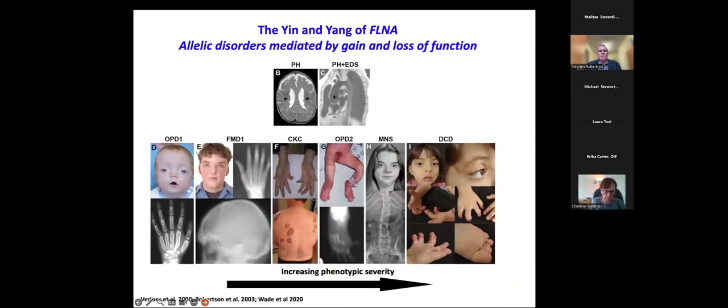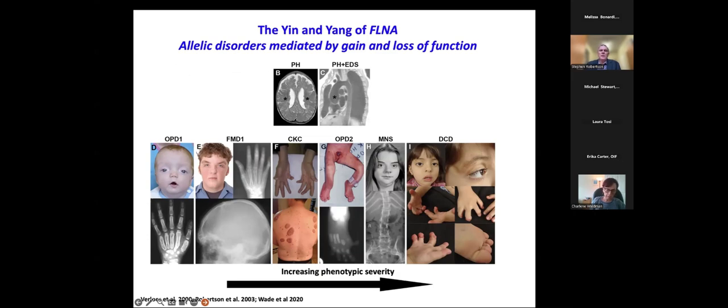So the spectrum that I referred to before is again illustrated on this slide. I'm not going to mention the loss of function conditions, periventricular nodular heterotopia and periventricular nodular heterotopia with Ehlers-Danlos syndrome, again, because they don't have a skeletal manifestation.